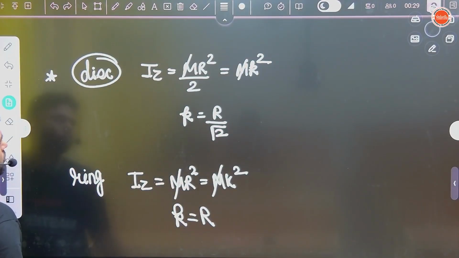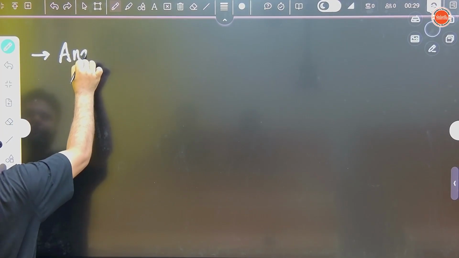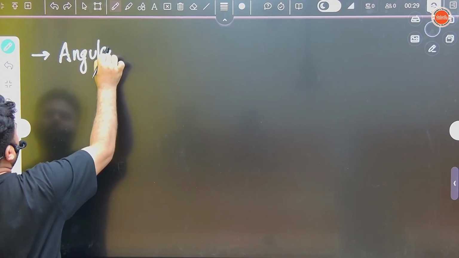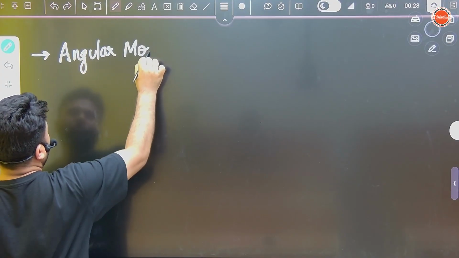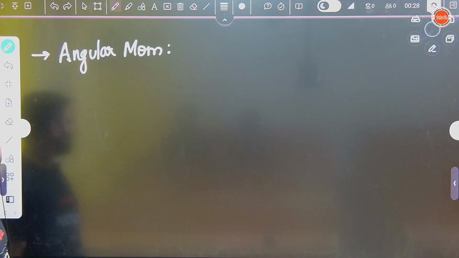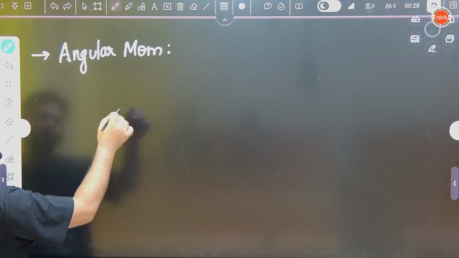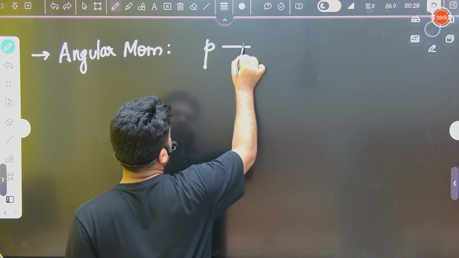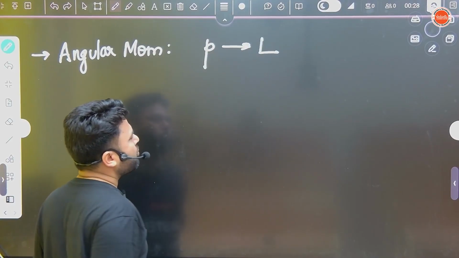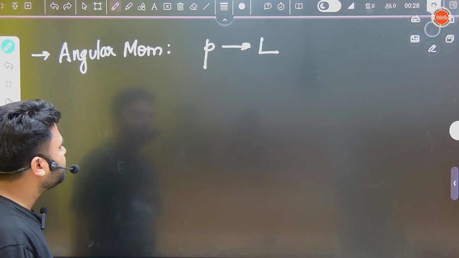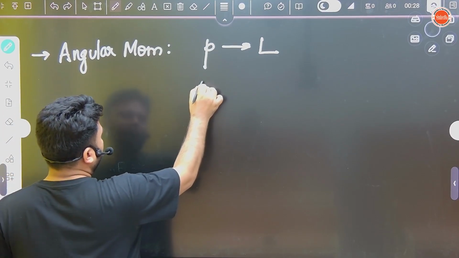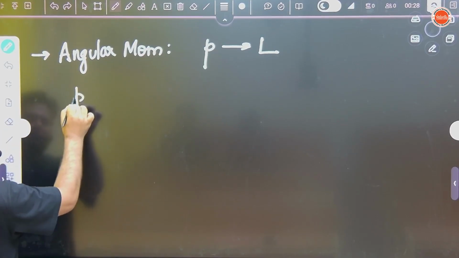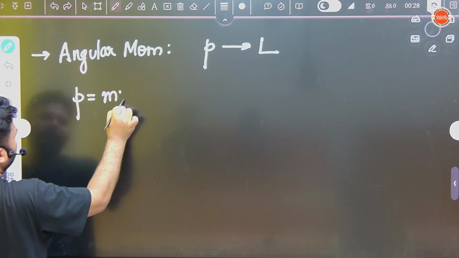Next, angular momentum. Like linear momentum P in translation motion, in rotation we have angular momentum L. What is the formula for linear momentum? mv.